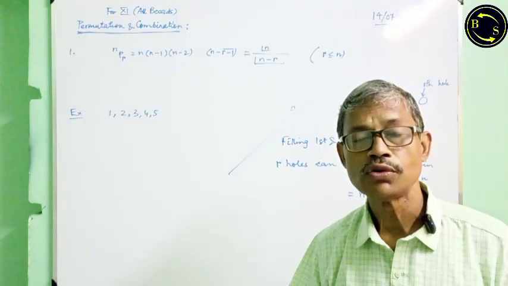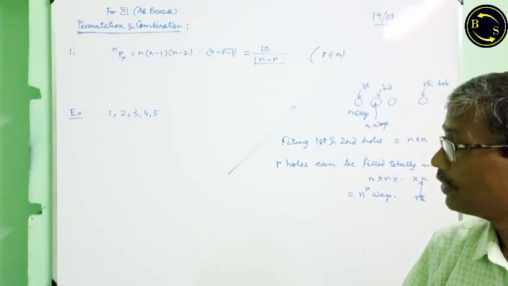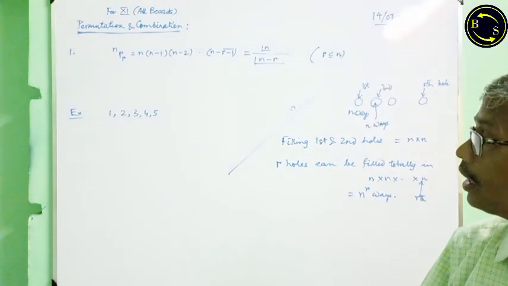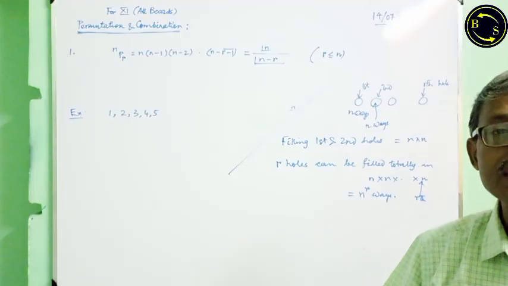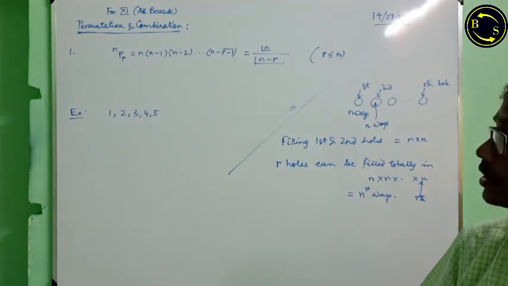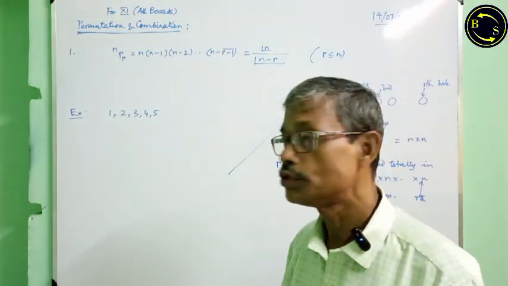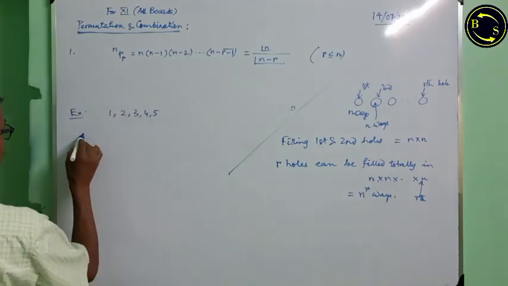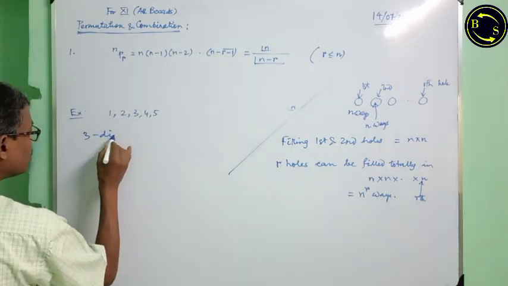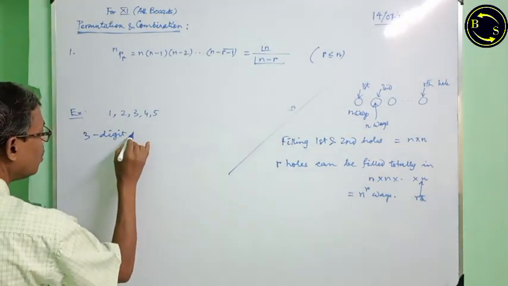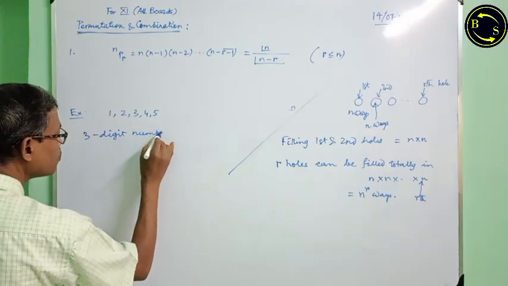Five digits 1, 2, 3, 4, 5 are given. Then how many 3-digit numbers can be formed?